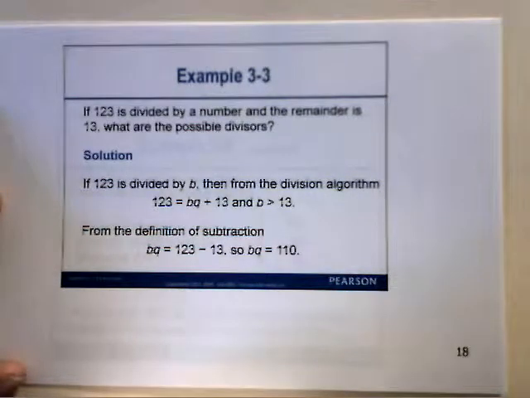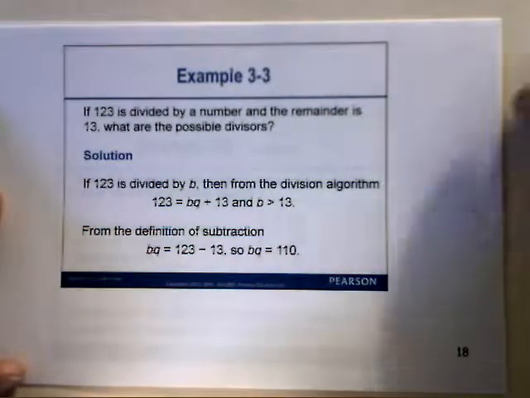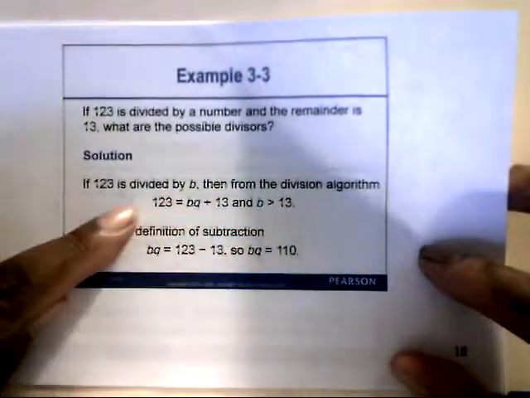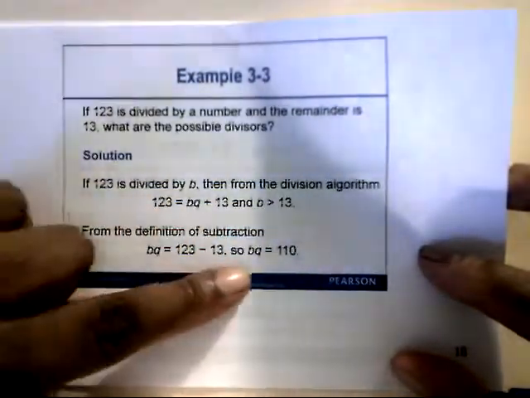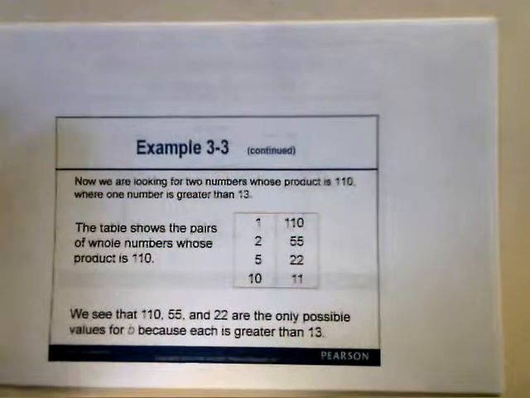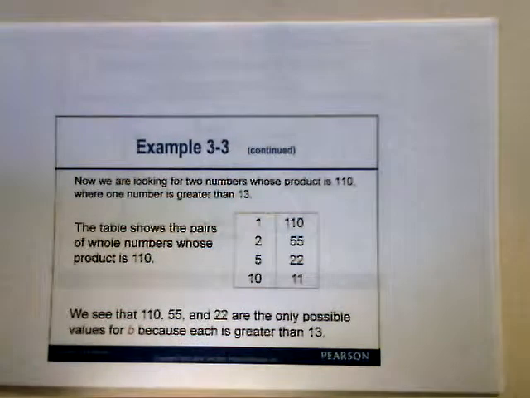And from the definition of subtraction, b times q is going to be 123 minus 13, so bq must be equal to 110. In this case, you're thinking of an equation, so you subtract 13 on both sides to get bq equal to 110. Now we're going to look for two numbers whose product is 110, where one number is greater than 13, okay?